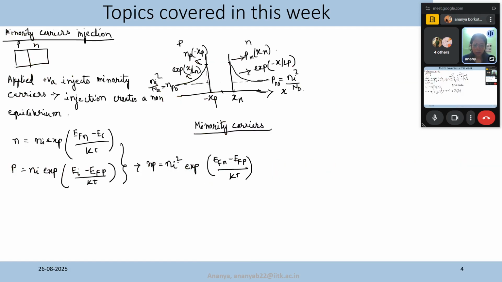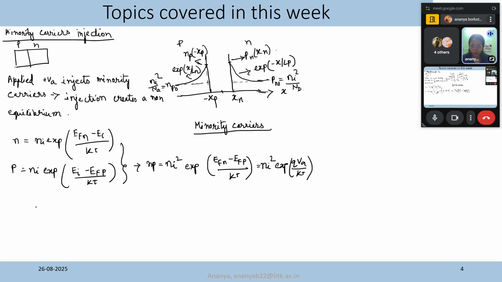So the product of N and P is Ni square exponential qVA by kT. That means our number of excess minority carriers will depend on the applied voltage. Higher the voltage, there will be more excess minority carriers.